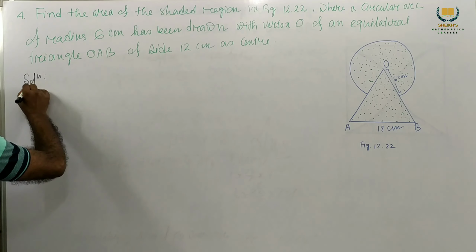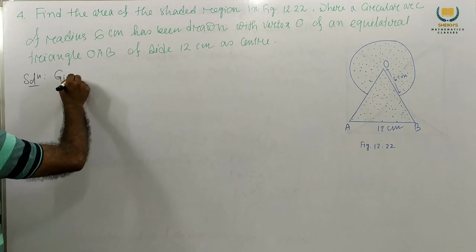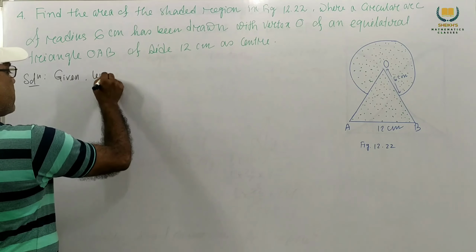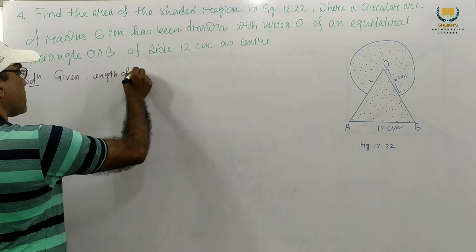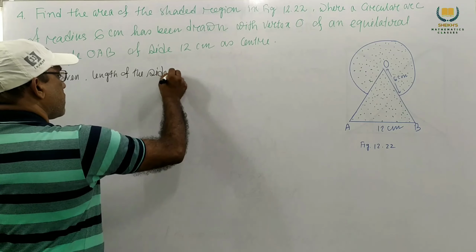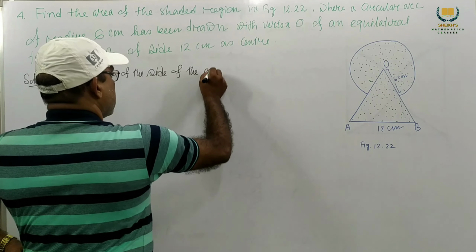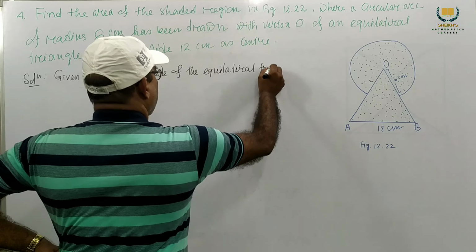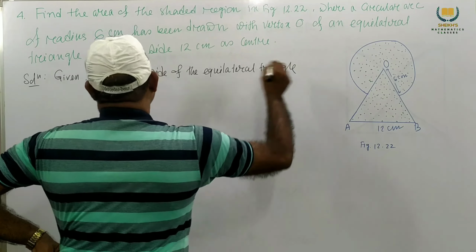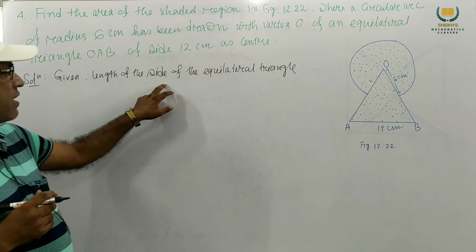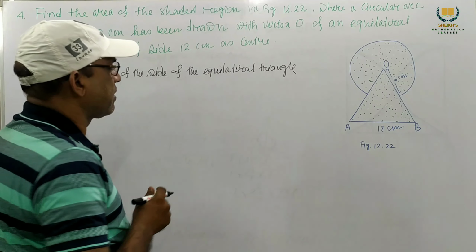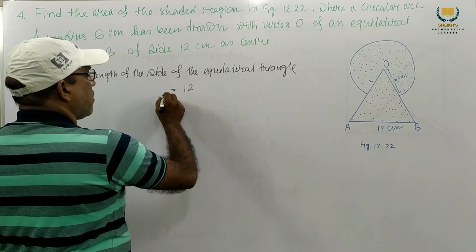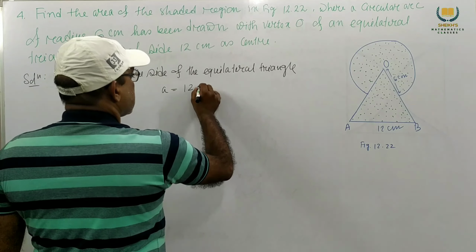Solution: given the length of the side of the equilateral triangle is 12, so we consider a equal to 12 centimeter.